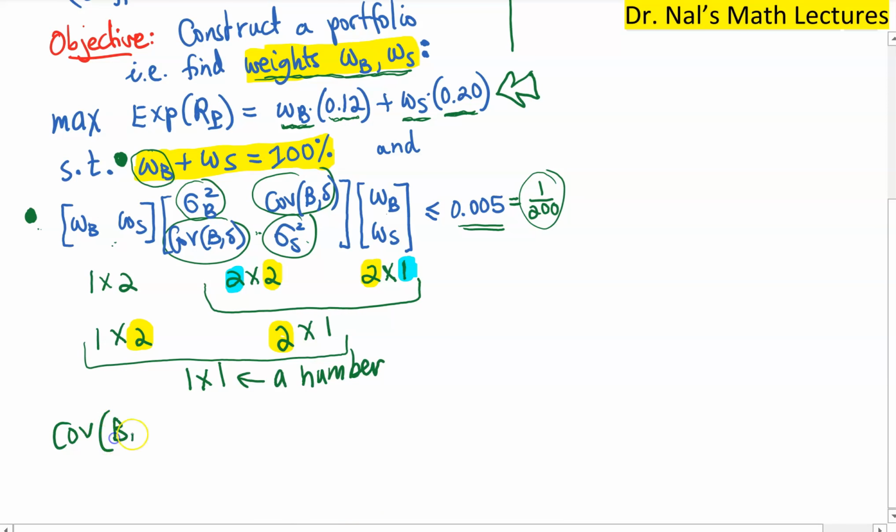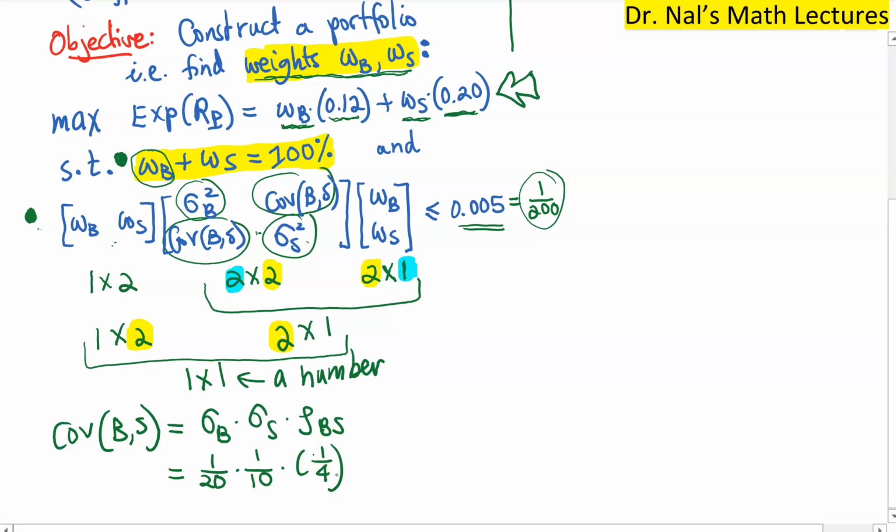So the covariance of the bond and the stock is equal to the standard deviation of the bond times the standard deviation of the stock times the correlation coefficient of the bond and the stock. The standard deviation of the bond was 1 over 20, 0.05. The standard deviation of the stock was 0.1, which is 1 over 10. And the correlation coefficient between them was 0.25, which is 1/4 basically.